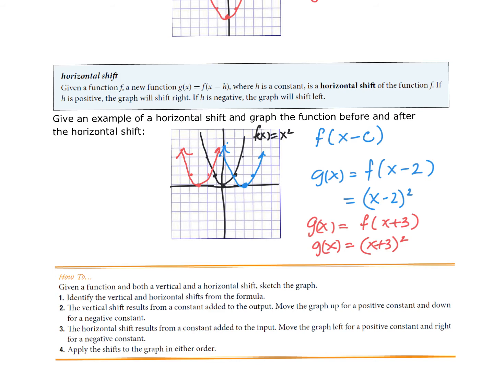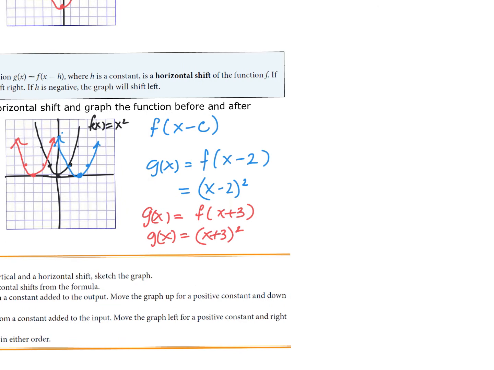Notice that you are going in the opposite direction of whatever this sign is. It makes you think you want to go left, but it's really going right. And you're thinking, why is that? Well, if I asked you to solve x plus 3, the quantity squared, equal to 0, you would take the square root of both sides, and so we get x plus 3 is equal to the square root of 0, which is just 0.